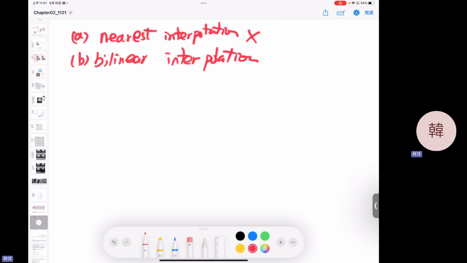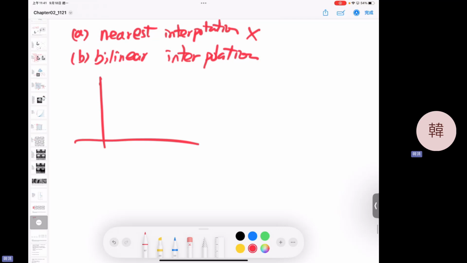Suppose we have a signal, one-dimensional, not two-dimensional. I have a signal like this one, and I have the first data here, the second data here, and we call them x1, x2. Now we try to find this one in between, maybe call it x.